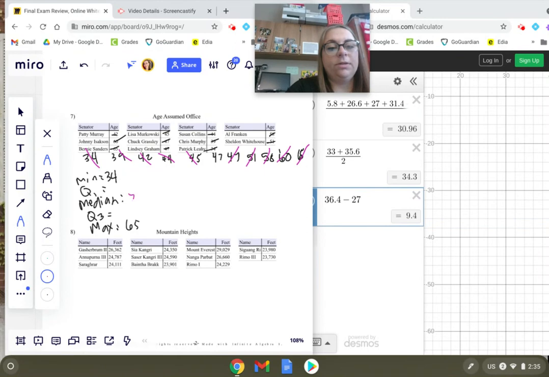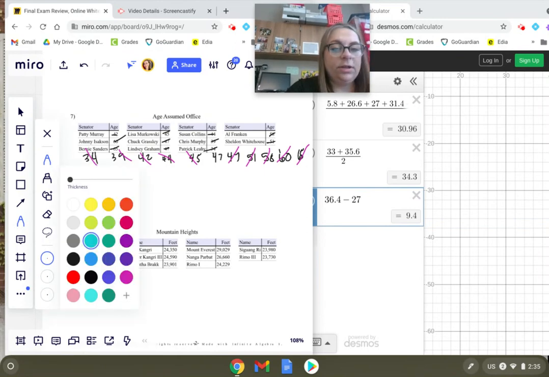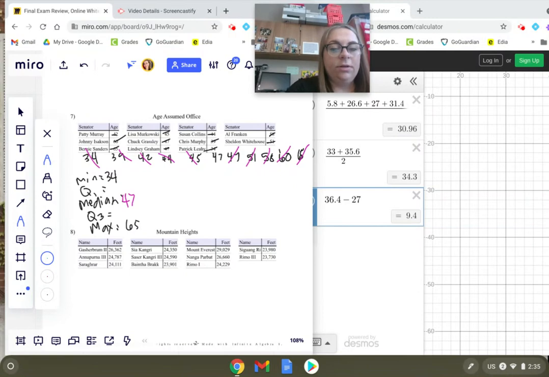So my median is 47. So that splits the data in half. Now I want to find my first quartile. So crossing off again, that gives me 42. Doing the same thing with the other half, cross out, cross out, cross out, cross out, and I've got 58.